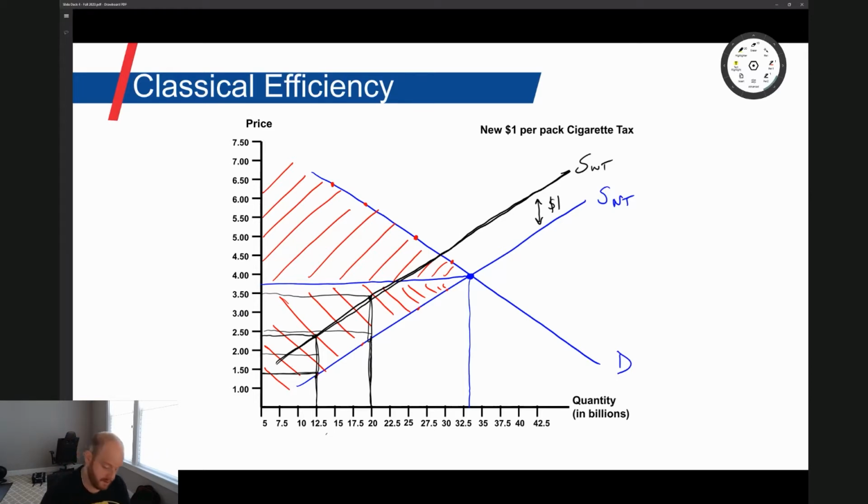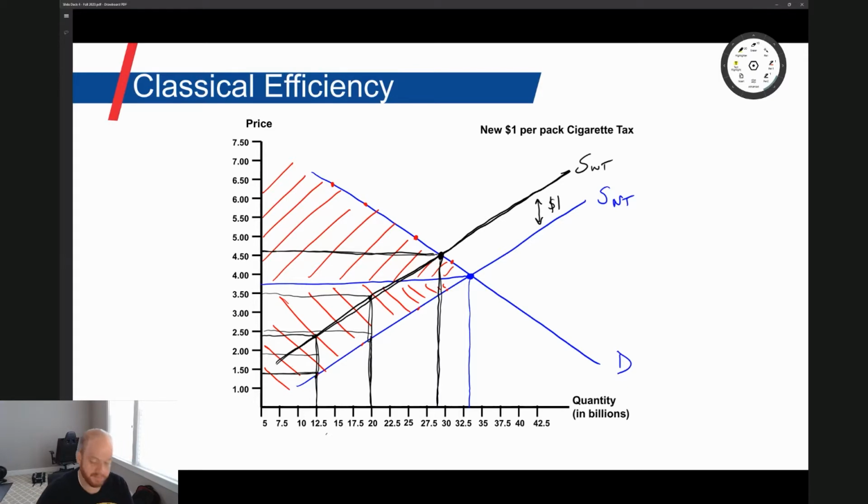Now, given our new supply line, we actually have a new market equilibrium. Under these conditions where we have a $1 excise tax, we're only able to sell 28 billion packs of cigarettes or 29 billion packs of cigarettes at $4.50 a pack, $4.55 a pack, whatever that may be.